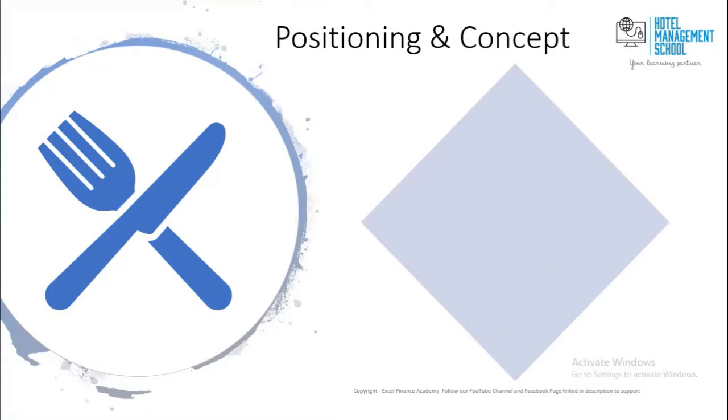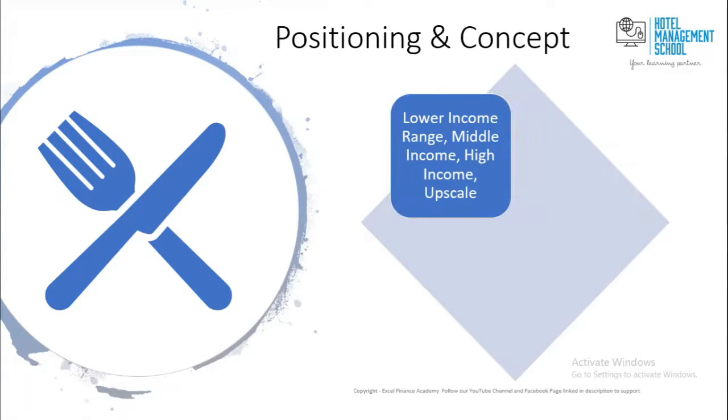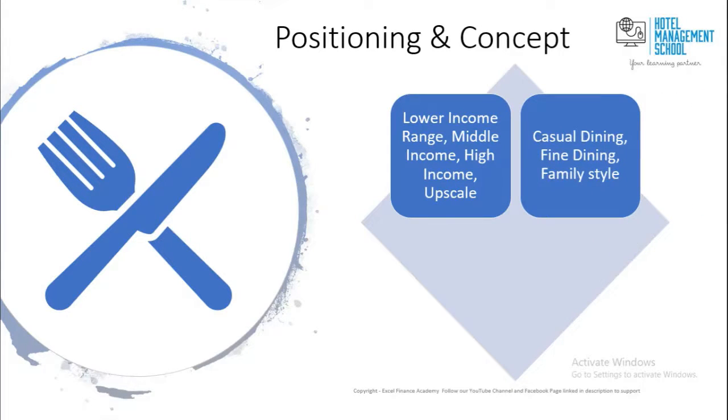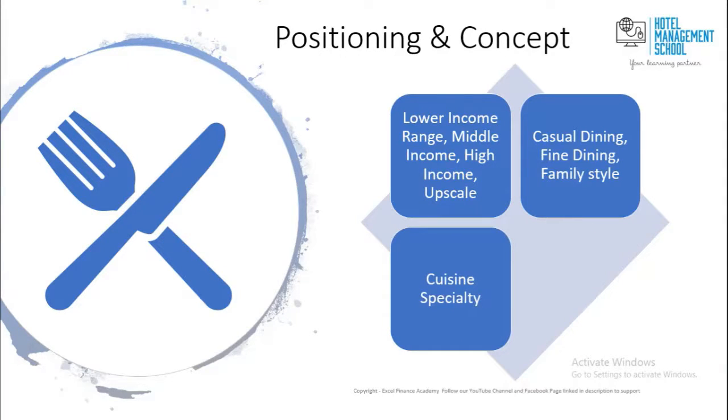So the positioning and concept depend on, they can be different as we discussed earlier. It can be a lower income range, middle income, high income, upscale. These are the different possible segments for the positioning. And then the concepts can be casual dining, fine dining, family style, cuisine specialty, what kind of cuisine you are.